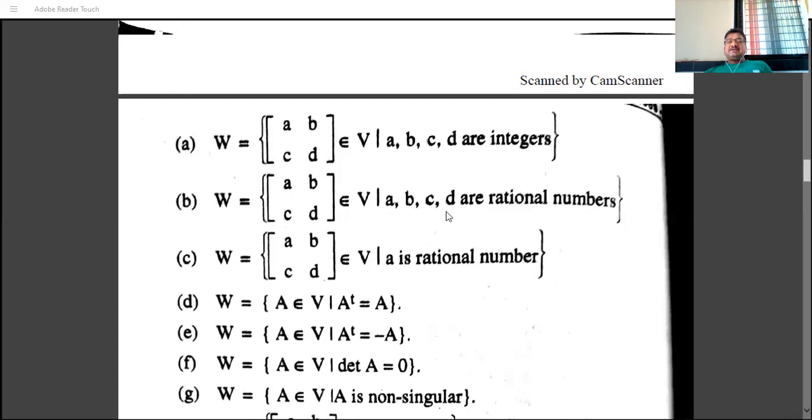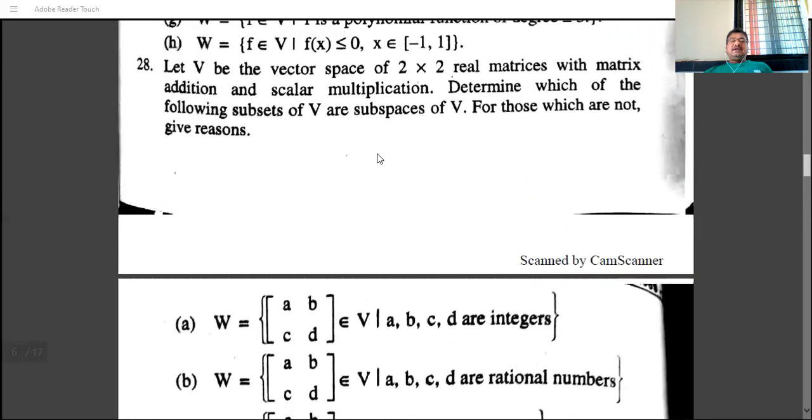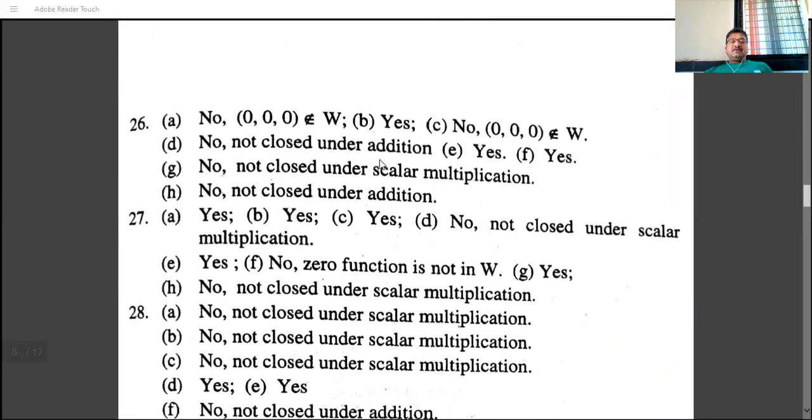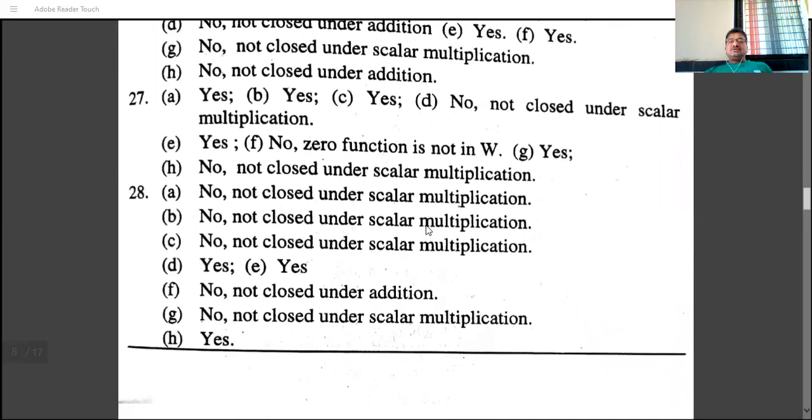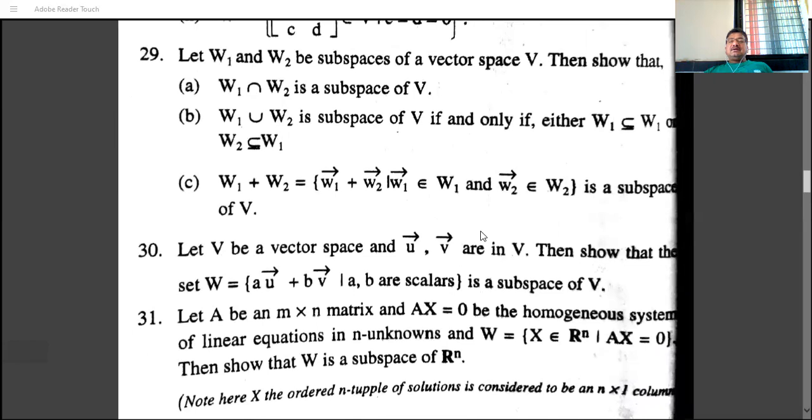A, B, C, D are rational numbers. This is again a rational number. So the answer of 28B: no, it is not closed for scalar multiplication, because if we take root 3 as the value of k and multiply an element of W by root 3, then it is not a rational number.